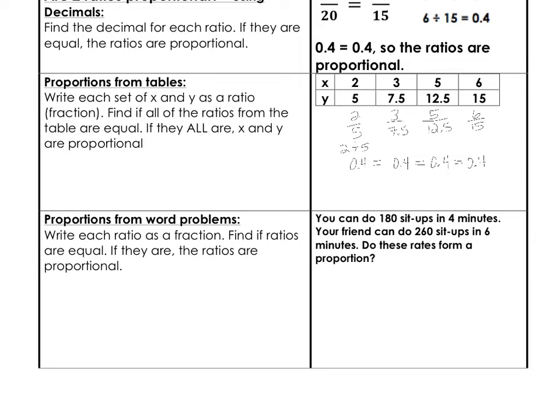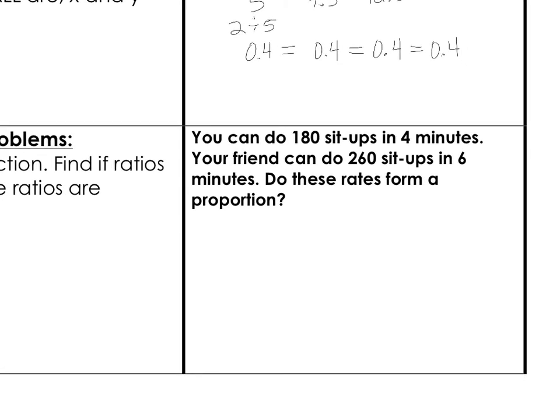Now I'm going to show you an example of doing it from a word problem. Okay, you write each ratio as a fraction, find if the ratios are equal. I'm going to this time use cross products because it's easier. I'm going to fix my pen too, because I don't like how it was writing. Okay, all you need to do on this is make sure that you are putting the same things in the same spot. Here's what I mean by that. If it's talking about sit-ups and minutes, I take my 2 units and I write them.